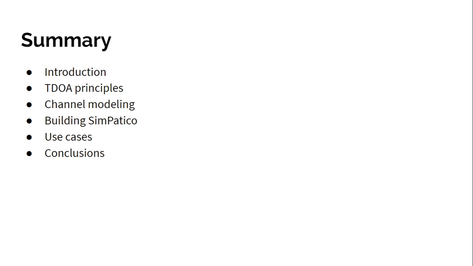After that, I'm going to show some of the outputs that we can have with SimPatico, what kind of uses we have for it, and we're going to analyze some results that we got, some theoretical analysis. In the end, for the conclusion, I'm going to give some final remarks and take a quick look at some further eventual future work.